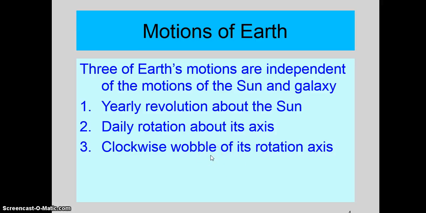We'll get more into that a little bit later. But anyhow, this wobble is extremely slow. It takes 26,000 years to complete one oscillation of this wobble. So it's not anything any human would notice in their lifetime or in several generations, but over really long geological time, you definitely notice it.